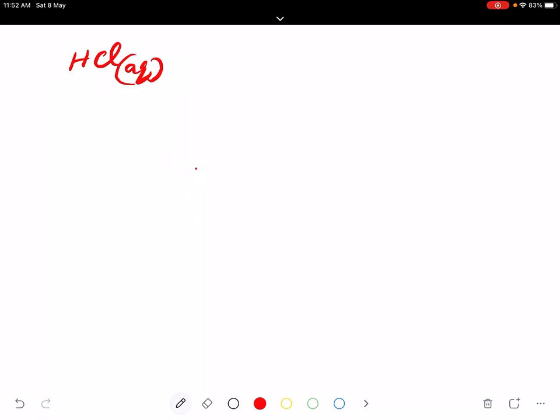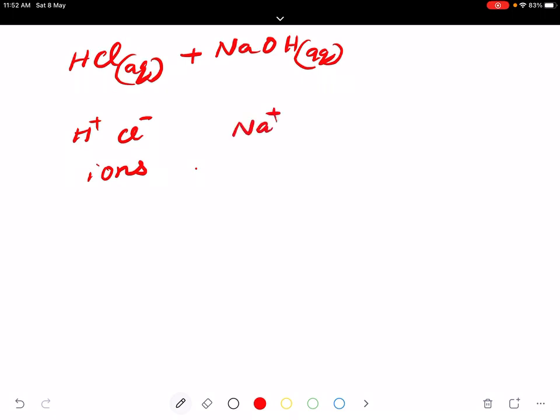Aqueous solution means this contains H plus and Cl minus ions, plus NaOH, aqueous. So here in water it gives Na plus and OH minus ions. What we get? Salt and water. What is the salt? NaCl, this is the salt, and water, H2O.